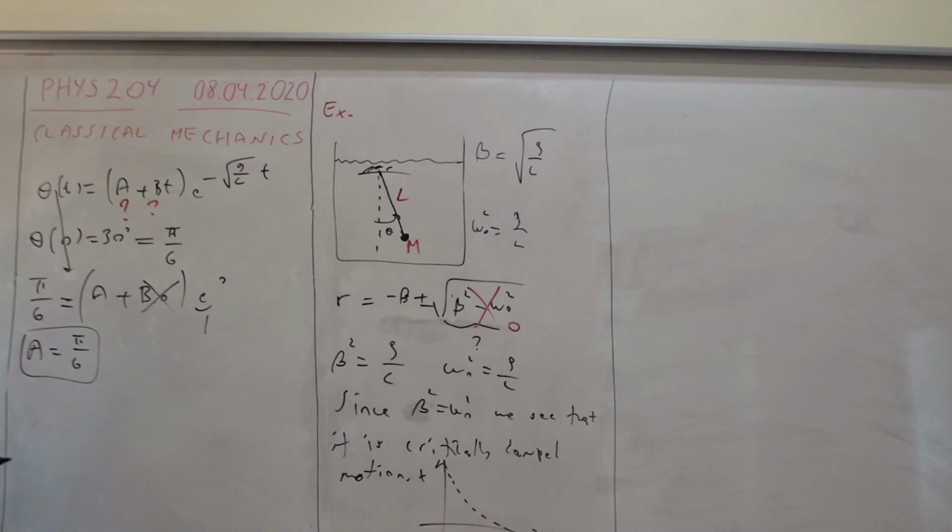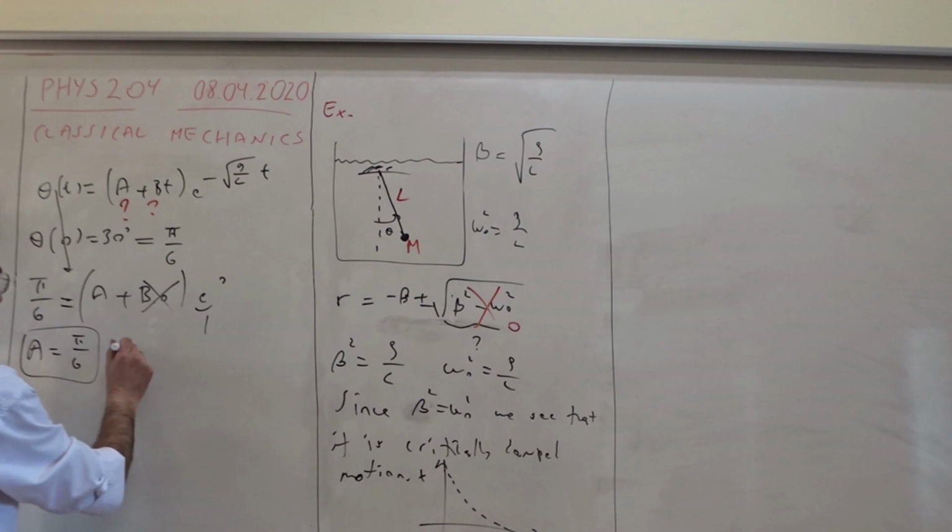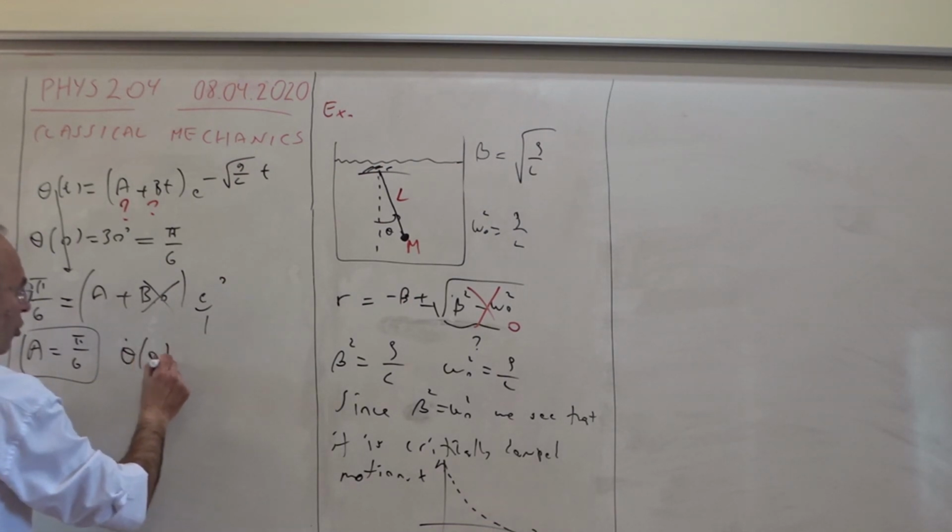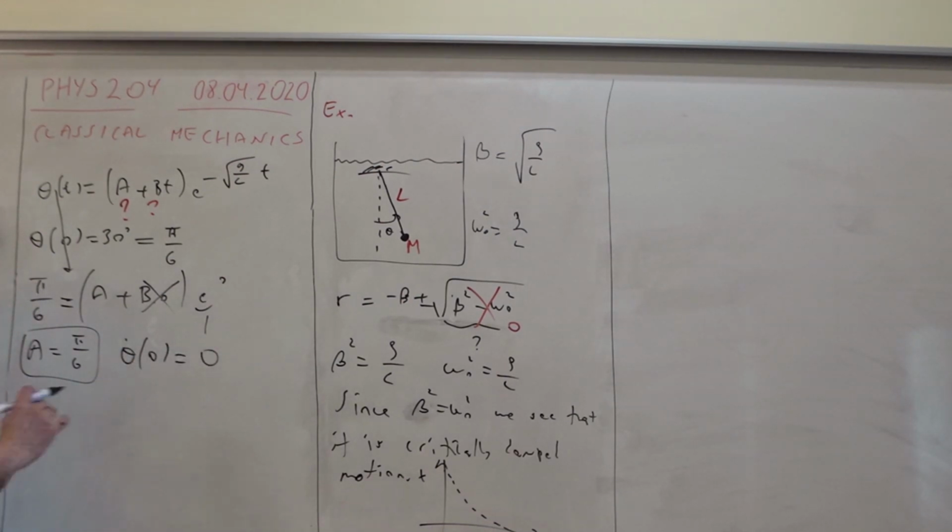What about b? From the velocity we can find the other term. What is the initial velocity? Theta dot of 0 is given to be 0. It starts from rest. So let's take the derivative of this first line, theta dot of t.